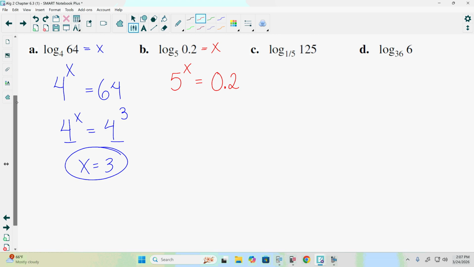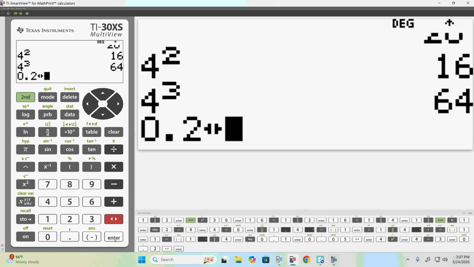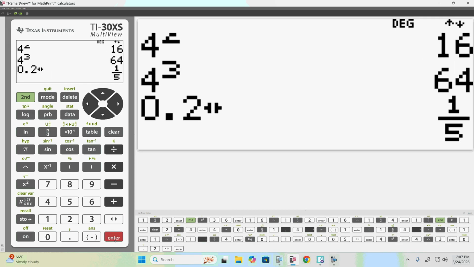Questions on how we change it from logarithmic to exponential? Interestingly enough, if I rewrite 0.2 as a fraction, it is 1/5.